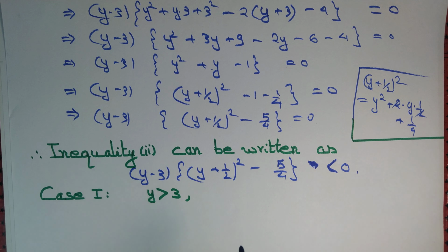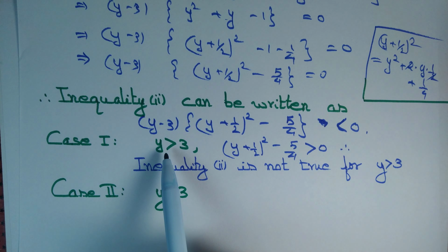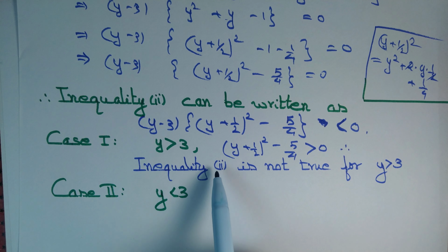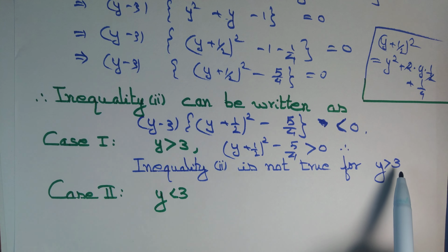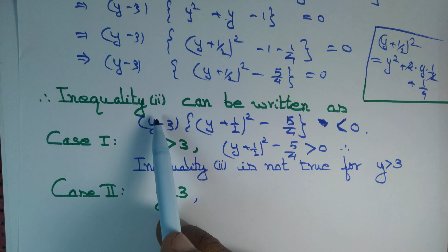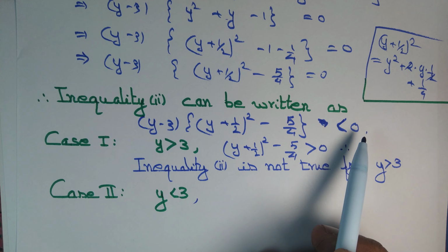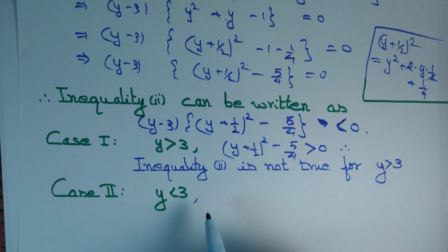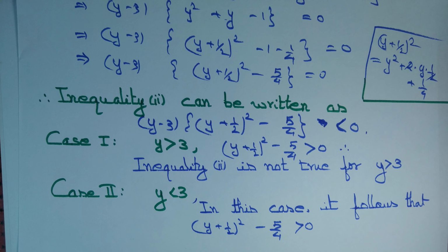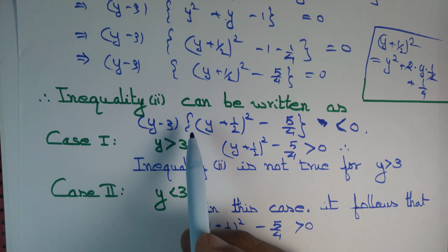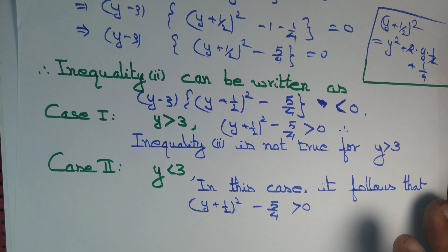Therefore we see that if y is greater than 3, then inequality 2 is not true. What about if y is less than 3? If y is less than 3, this quantity is negative. So I must make this positive so that the product is less than 0. If y were less than 3, so y minus 3 is negative, then this expression has to be positive.